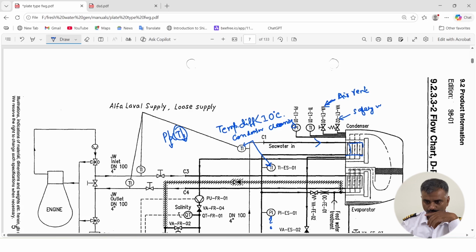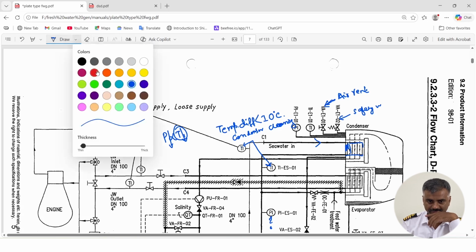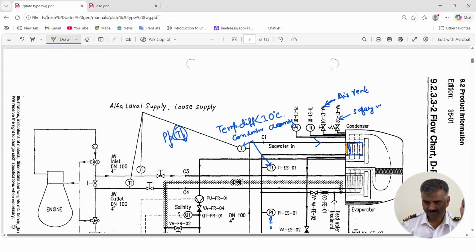One section you will have steam, one section you will have seawater. This seawater gets inside, cools the steam and goes out from here.